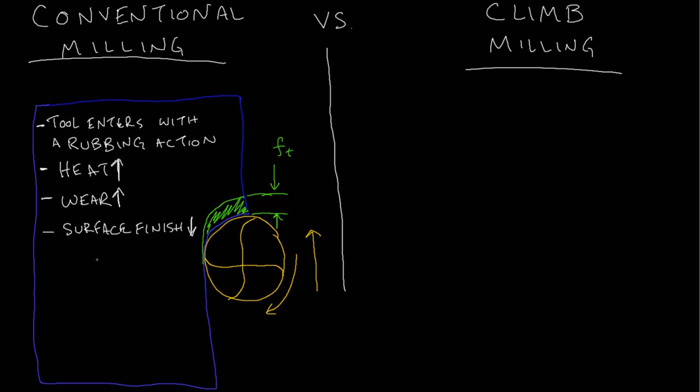And as it enters the material, it's almost cutting nothing at all, and then it increases. Well, that means that your chip load is going to increase through the cut. So as this tooth cuts the material, the load increases on the tooth.